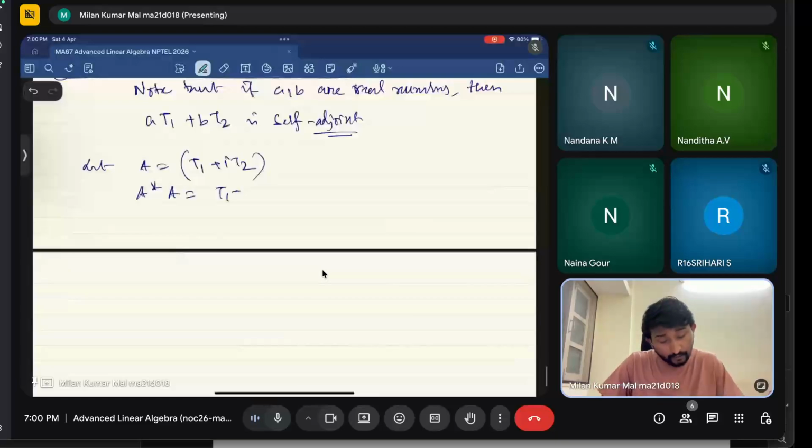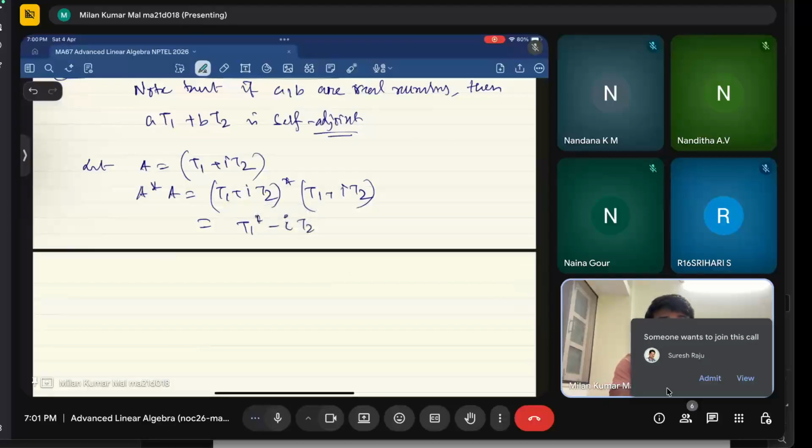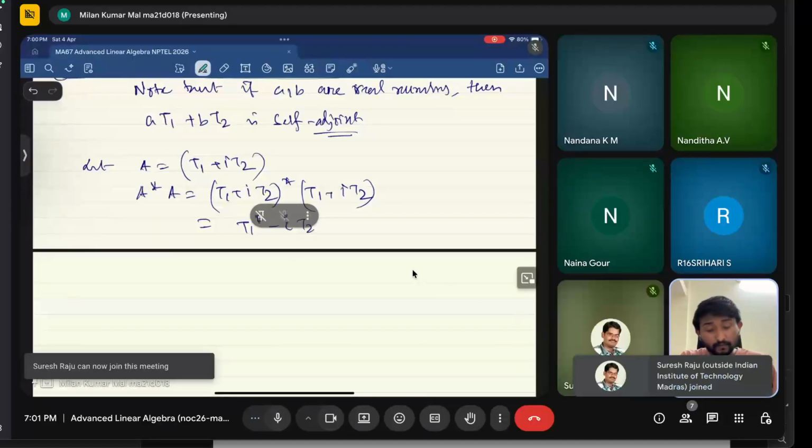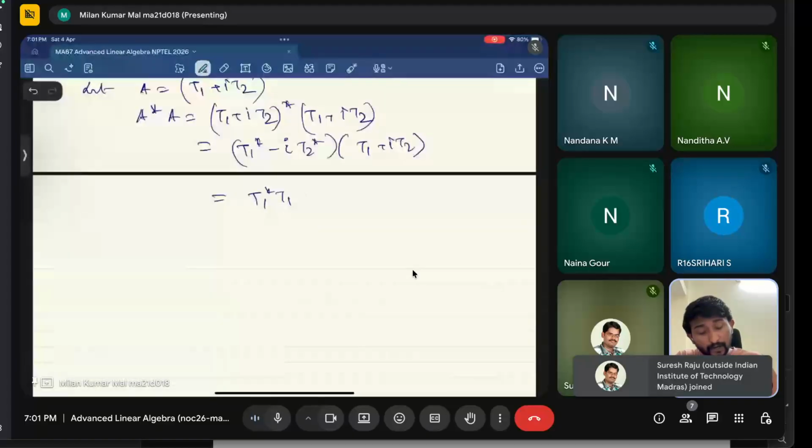Here we have given self-adjoint operators, so T2 star equals T2 and T1 star equals T1, because T1, T2 are self-adjoint, right? Okay, so we can write it as T1 star T1, that is T1 square basically, plus i T1 star T2 minus i T2 star T1 minus i square.